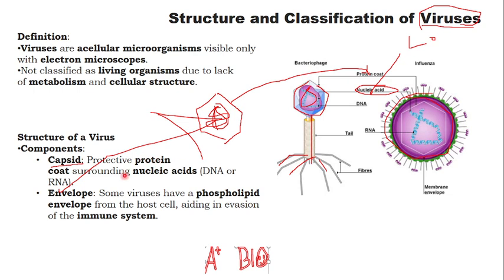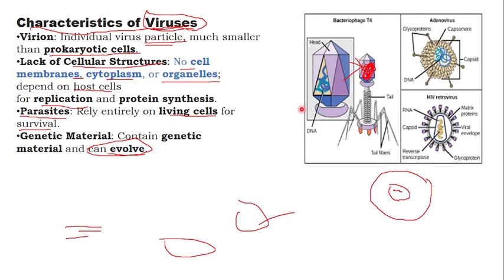So in the structure we have seen two things: the capsid made of protein, and inside the capsid the genetic material, which is either DNA or RNA. We have also seen that some viruses are enveloped, they have an envelope, and others don't. Regarding the characteristics, we have seen that viruses are very, very small. They don't have any cellular organelles.